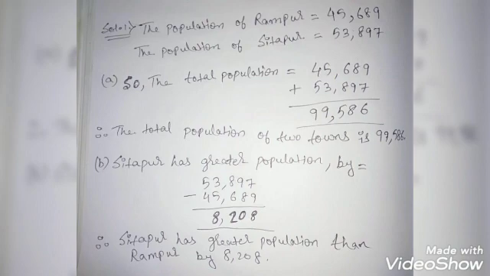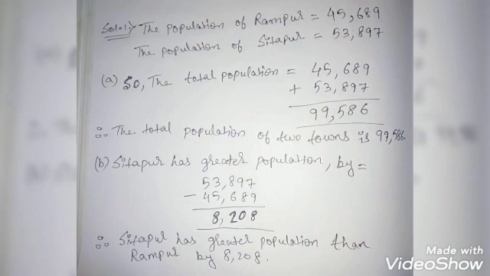Part B was, Sitapur has the greater population. It was asked which town has greater population. Sitapur. You can already see it has 53,897, which is more than 45,689. Now by how much more is the population? When this question is asked, you will subtract both the populations and you will get 8,208.